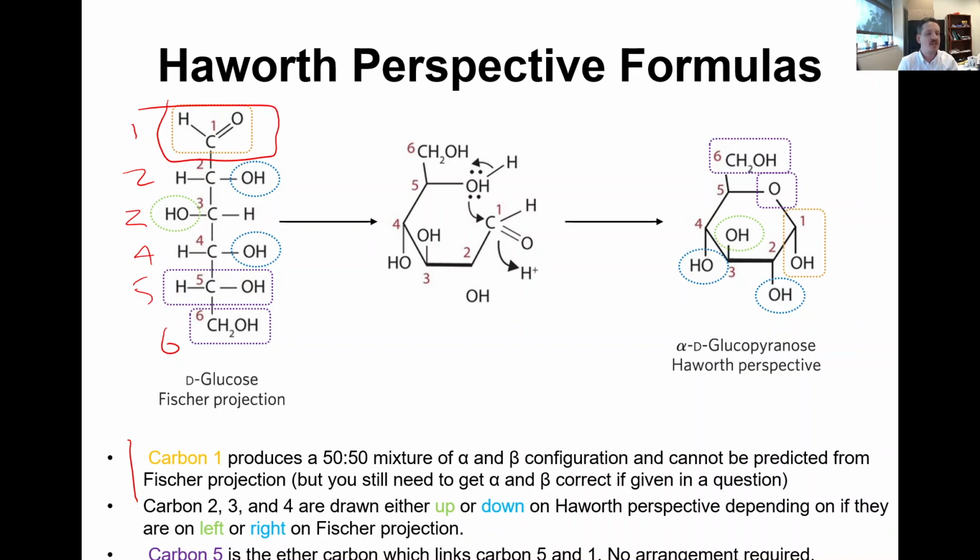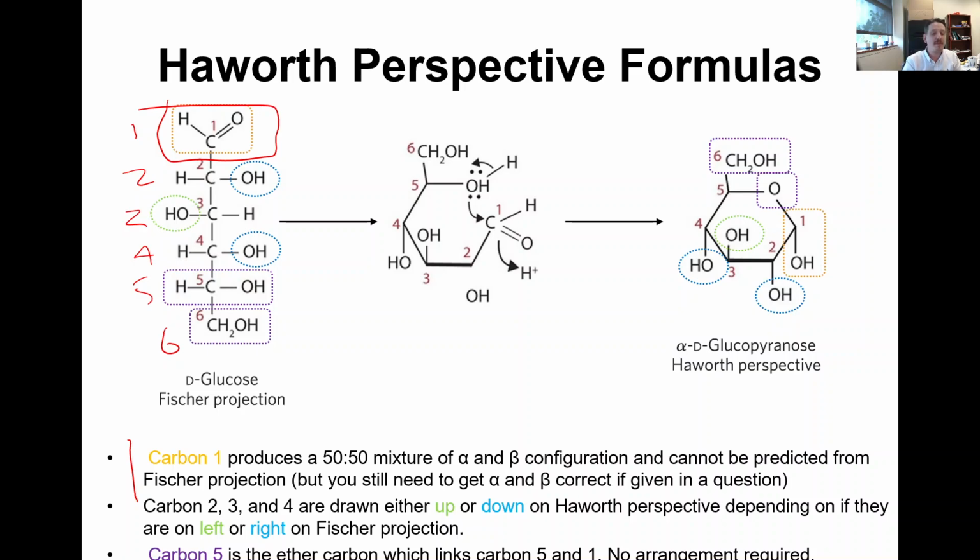Carbon number 1 is going to be, we can't predict from the Fischer projection, whether or not it's going to be the alpha or the beta configuration. So in an exam, you would be told to draw the alpha or the beta version because, in an exam, you don't know which one's which.